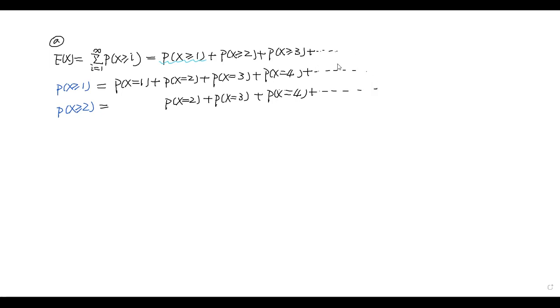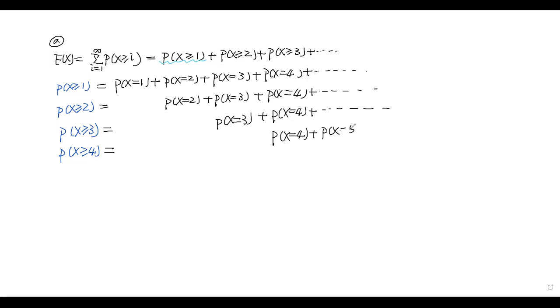Let's take one more, then maybe you will see the pattern. The probability x greater than or equal to 3 means x equals 3 plus the probability x equals 4, and so on. One more: the probability x greater than or equal to 4 is the probability x equals 4 plus the probability x equals 5, and it continues.